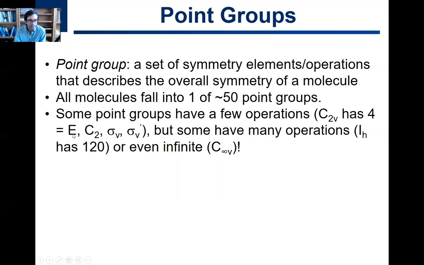It has the identity, E. It has a 180-degree rotation, so that's a C2. And it has 2 different vertical mirror planes. So I'm calling one of those sigma V, and the second one sigma V prime. So that's an example of a point group with not a lot of symmetry, only 4 elements.